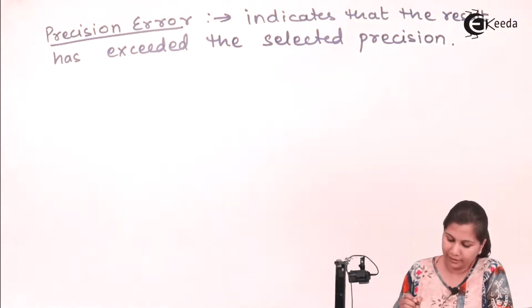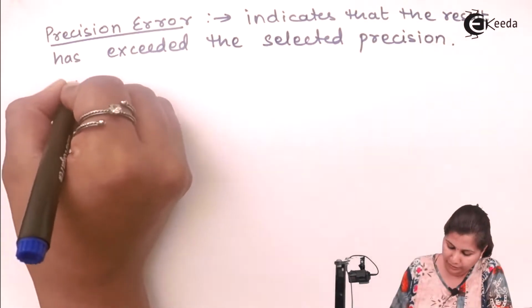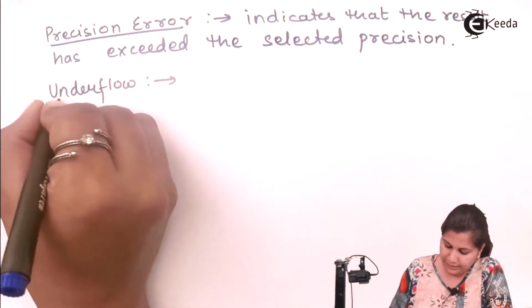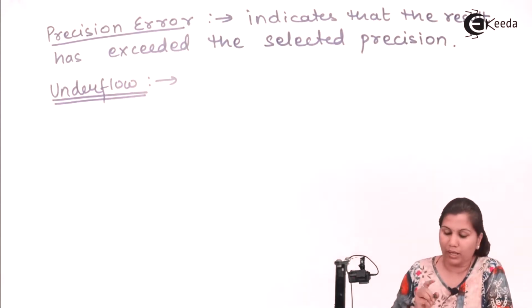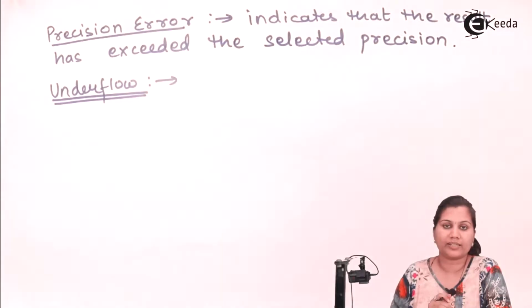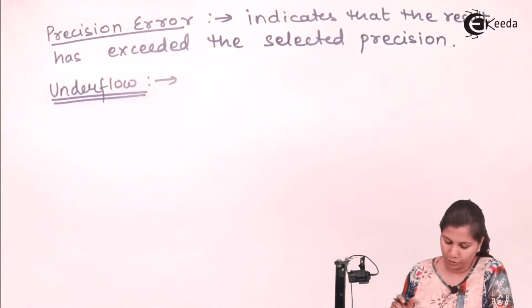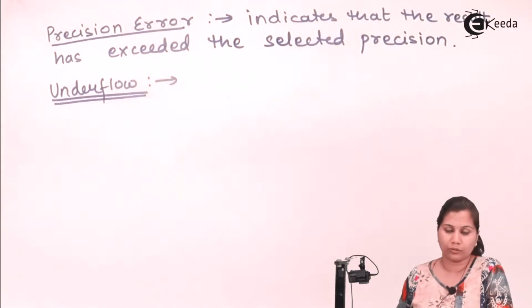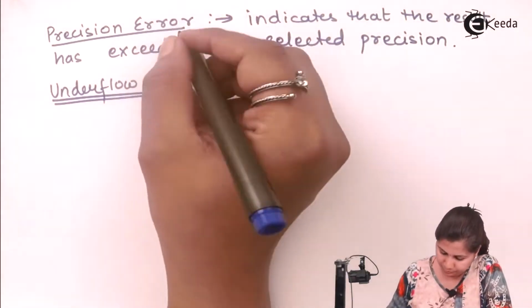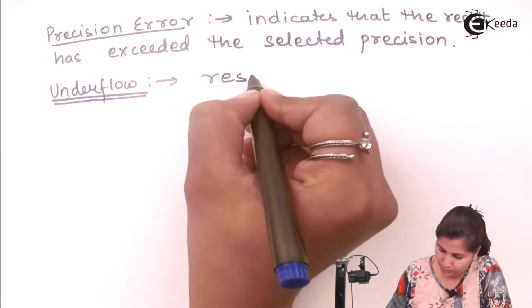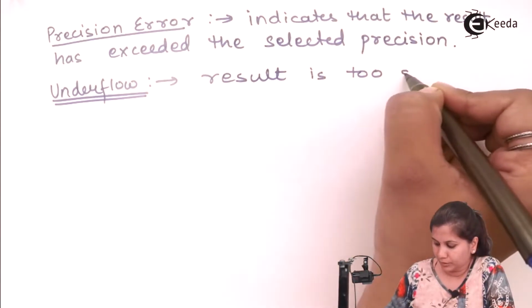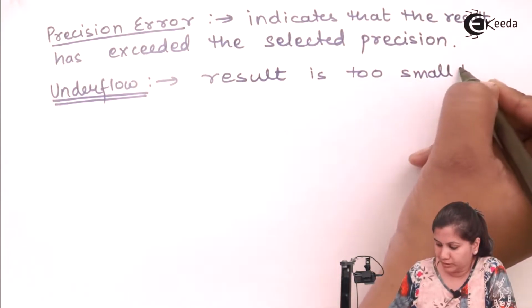After precision error, we are having underflow error. Underflow. If this bit is set to 1, it means that the result is too small to be adjusted in the register. Okay, so the result is too small to fit in the register.